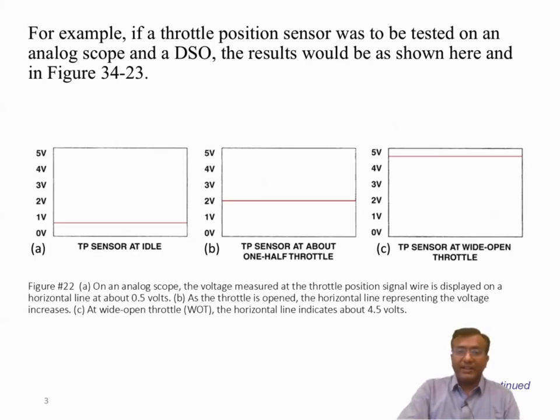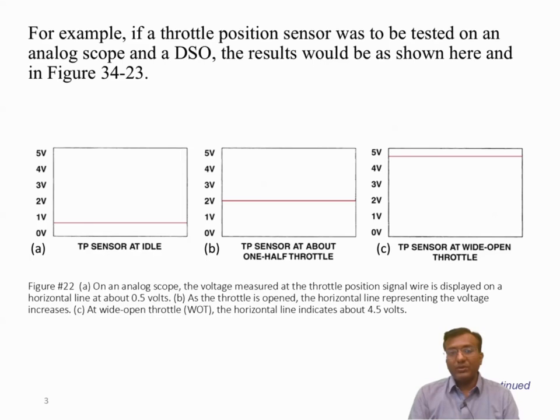Now here in the diagram, this oscilloscope is used for measuring the throttle position sensor, or TP sensor. In the case of an analog scope, the voltage measured at the throttle position signal wire is displayed on the horizontal line at about 0.5 volts.